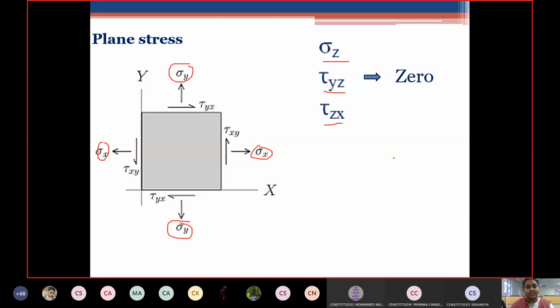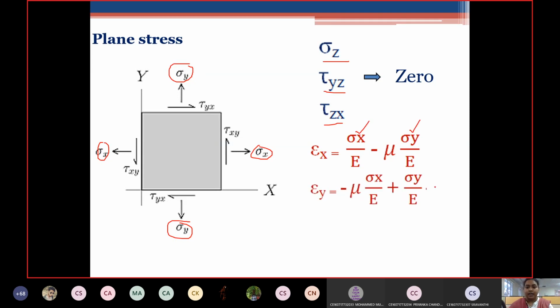Now, if this constraint is there, we have to go back to our generalized Hooke's law to derive again. What does it become in this constraint? Epsilon x will be only in terms of x and y, and epsilon y only in terms of x and y. So as in the previous case, you don't have to do all 3 operations. Only one operation will give you the answer directly. Will you try solving it? Only one operation is enough now.